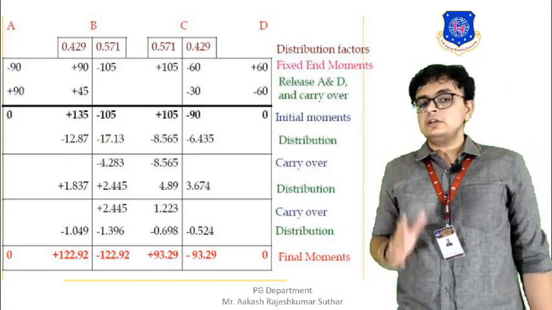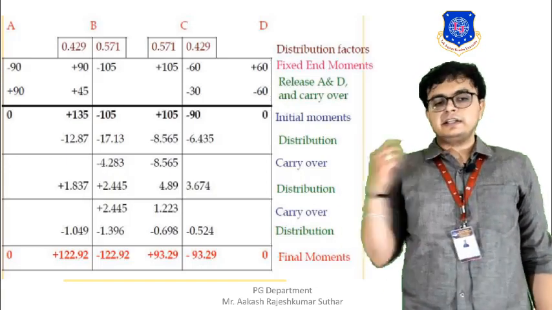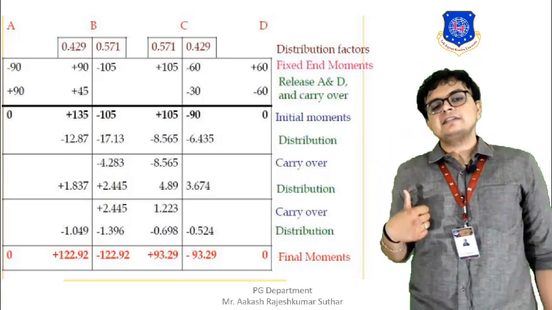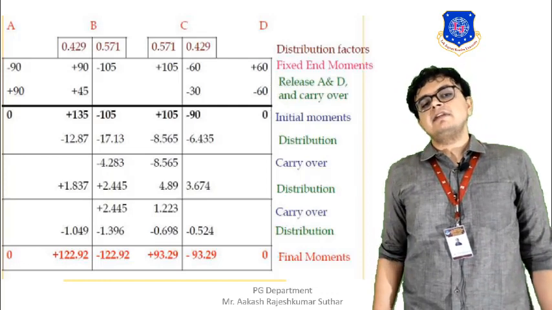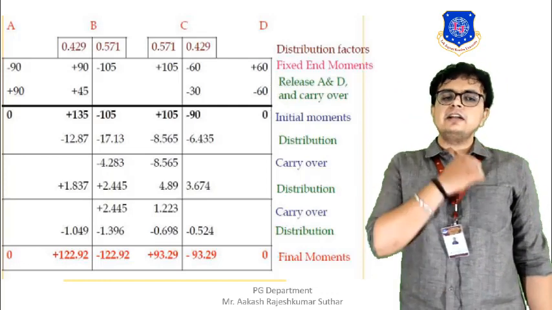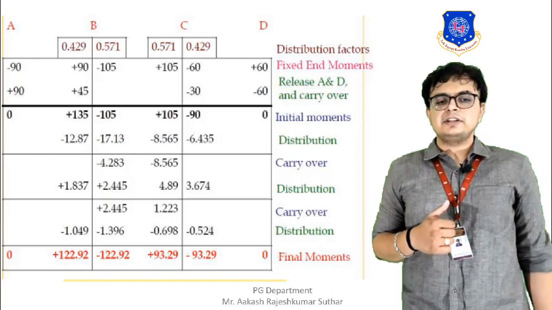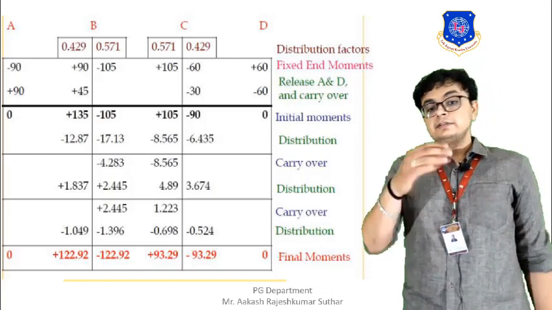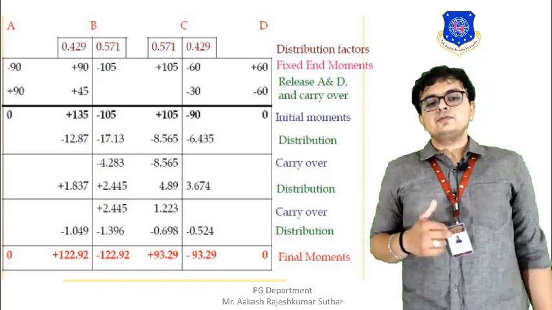But in distribution we have to take the opposite sign, so we have written plus 1.837 for MBA.